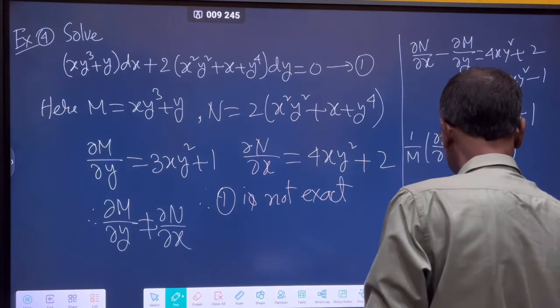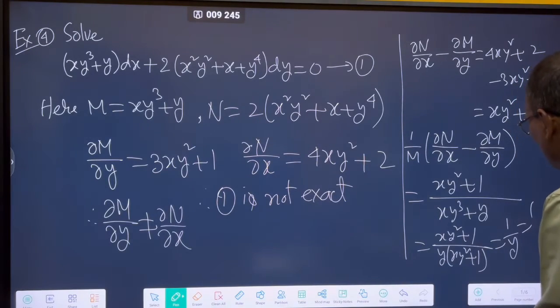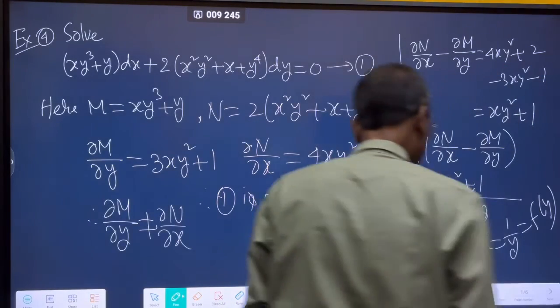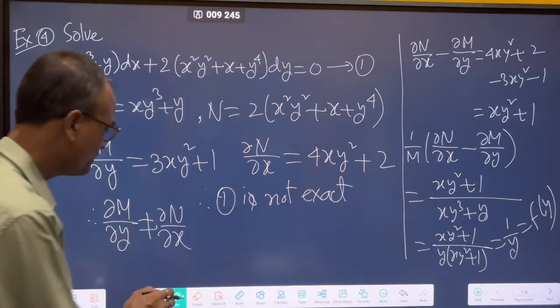This is equal to 1 by y, a function of y only.